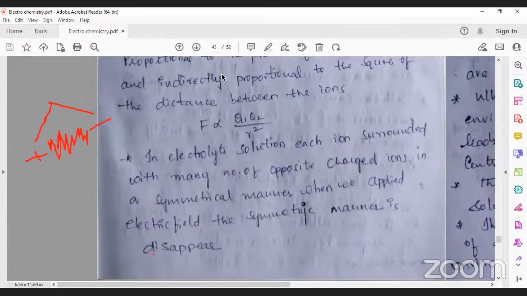We are saying that the force of attraction acting between the cation and anion is directly proportional to the product of charges on cation and anion and inversely proportional to the square of the distance between them.